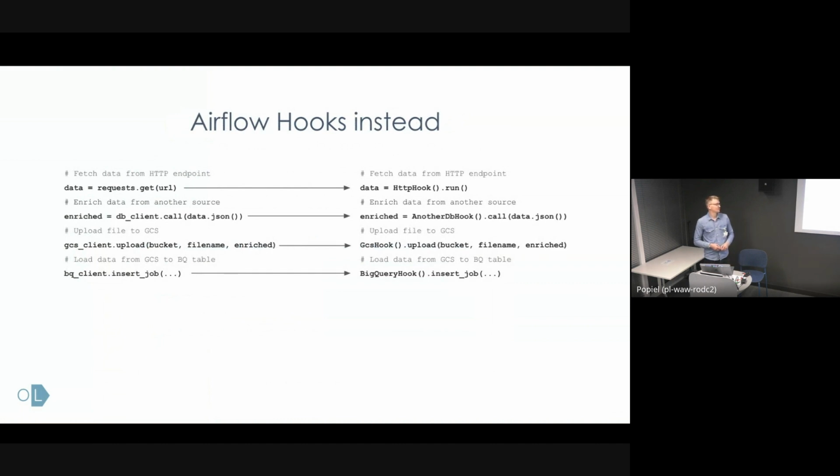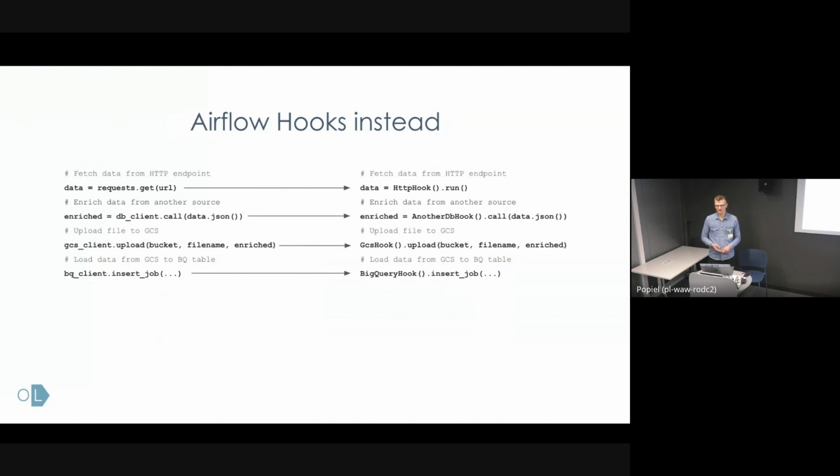The other drawback is that you need to use Airflow hooks. So instead of requests, you should use the HTTP hook, etc. I'm not really sure how many people use hooks instead of raw libraries, but for me, at least, the benefit of using hooks is that it's already well implemented.